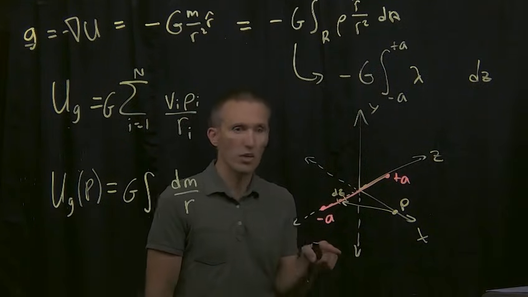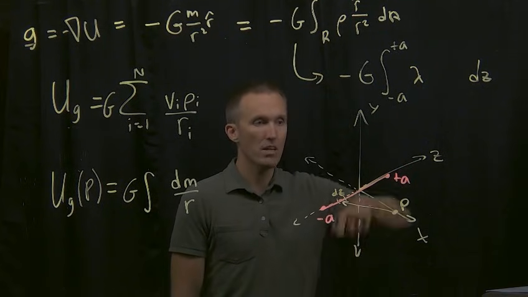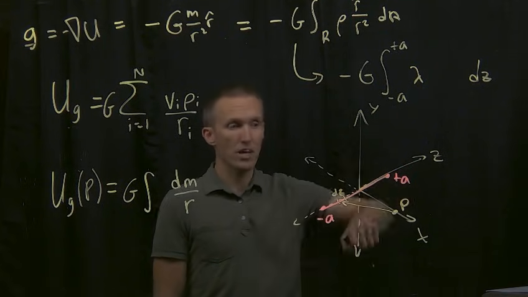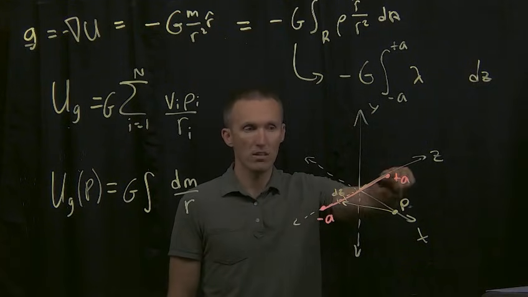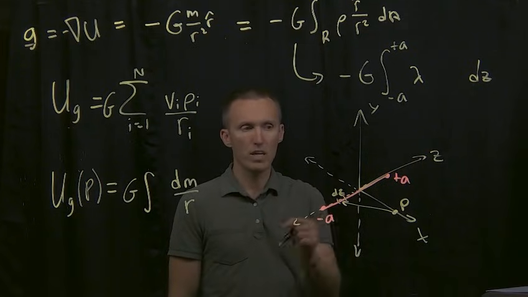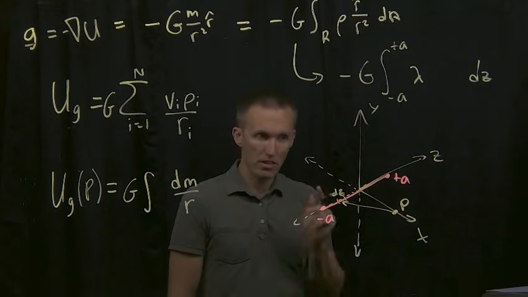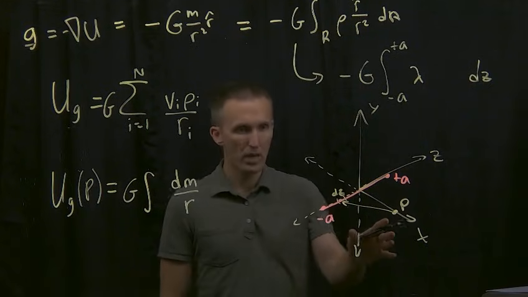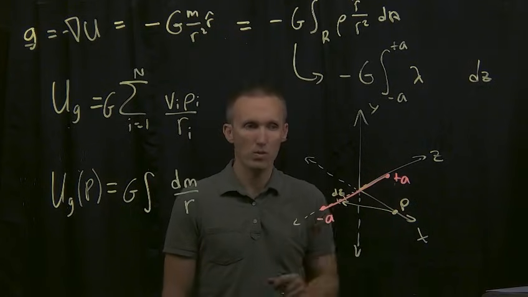A couple things to note. One thing to note is that there's no gravity in the y direction, the up-down direction here, the vertical axis. Why is that? Because the wire is directly along the z-axis. So there's no pull at point P. There is no pull along that vertical axis. The other thing to note is that at the point P, we exactly cancel out because we're exactly between the endpoints of the wire.